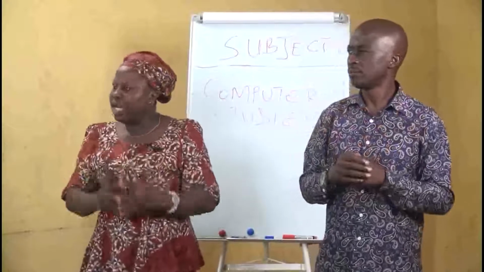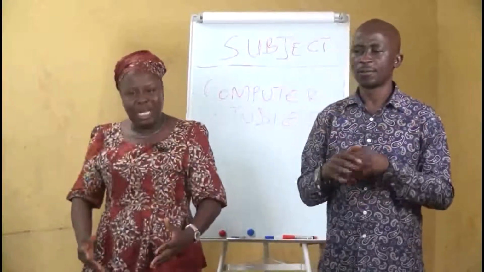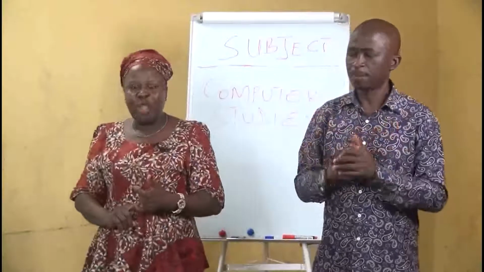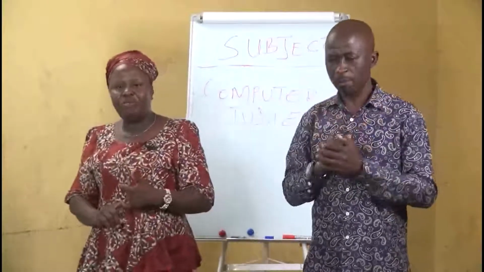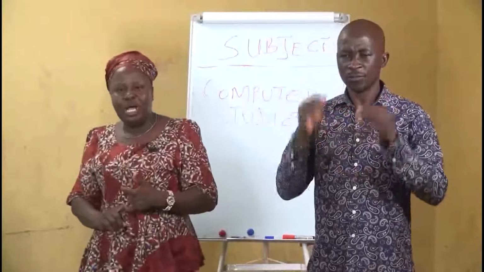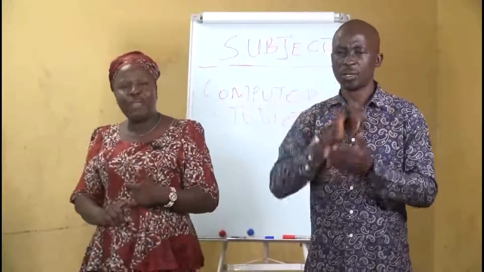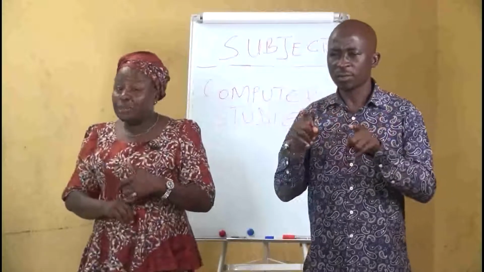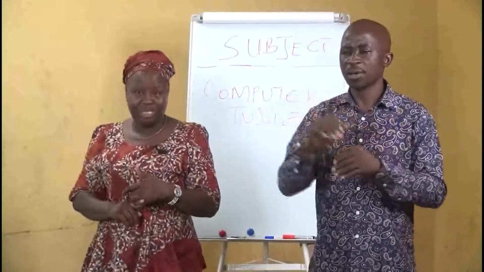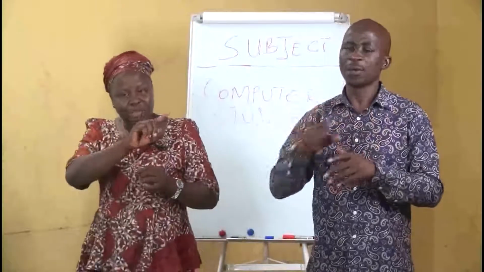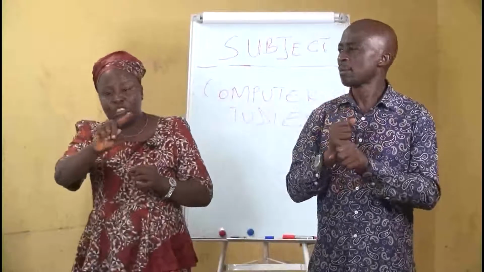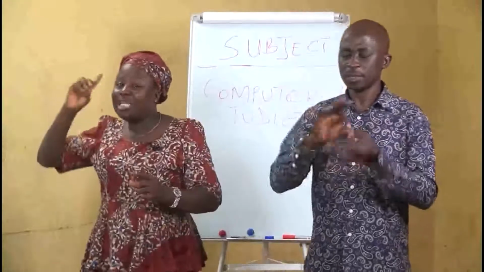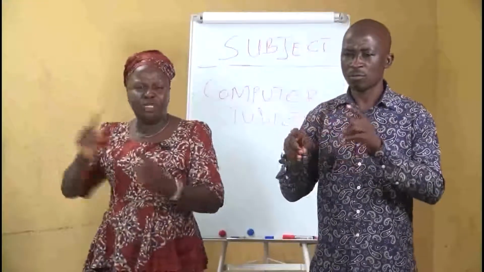If you can understand that now, learners, I believe I've impacted something. And I believe whenever they ask you to differentiate between compiler and interpreter, you will not make a mistake. An interpreter executes line by line, while your compiler executes everything together at a stretch.